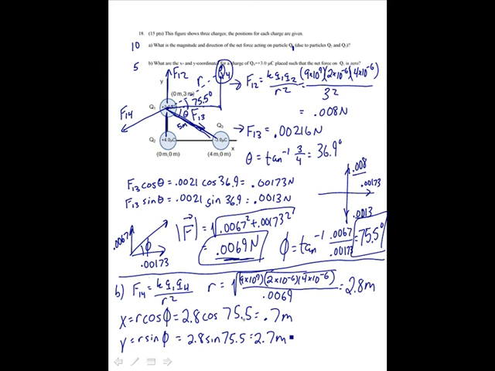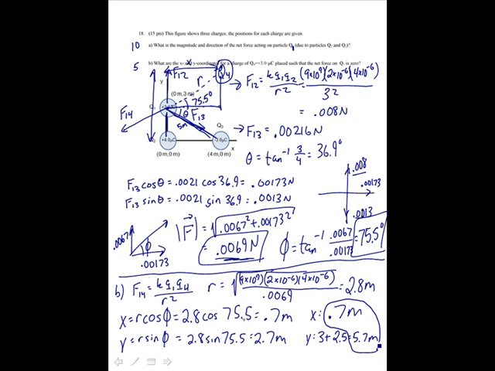And then you just add them to these values. So my x value is added to 0, so the x coordinate is 0.7 meters. That's the x coordinate right here, this distance, x. And then my y coordinate is this total distance. So y is equal to 3 plus 2.7, which is 5.7 meters. Pretty sure nobody got this at all.